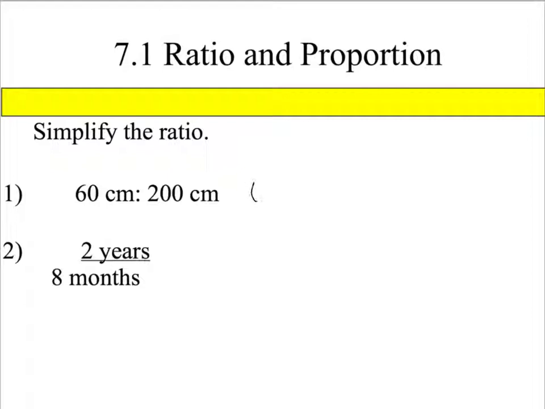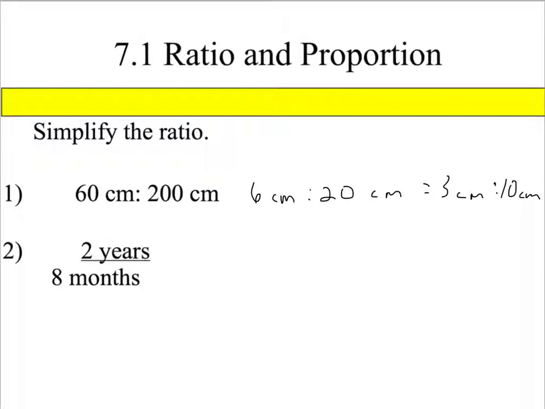So then I go from 60 centimeters to 6 centimeters, 200 to 20 centimeters. But then I notice I can also simplify it even more. Each one of those can be divided by 2, which would equal, sorry, not 2 centimeters, 3 centimeters to 10 centimeters.